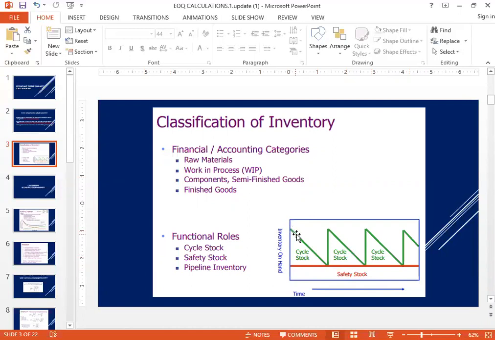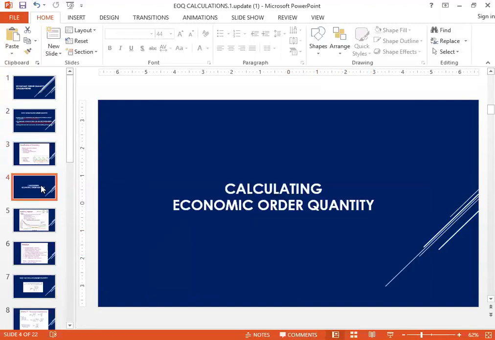Over a period of time, this EOQ inventory amount is going to reduce and deplete. Then at a certain point, they're going to have to reorder the EOQ amount, and it keeps going down. This up and down process of inventory is also known as cycle stock. But the big question again is, how much? And thankfully, EOQ answers that.